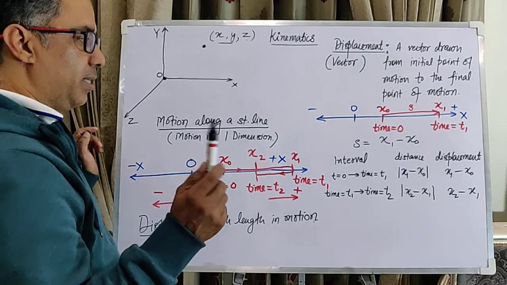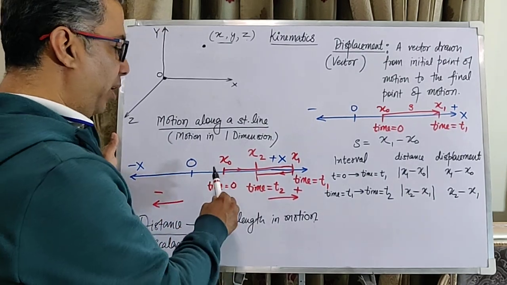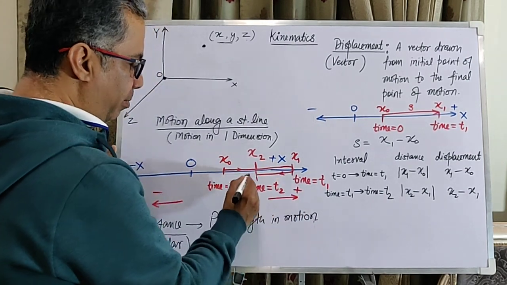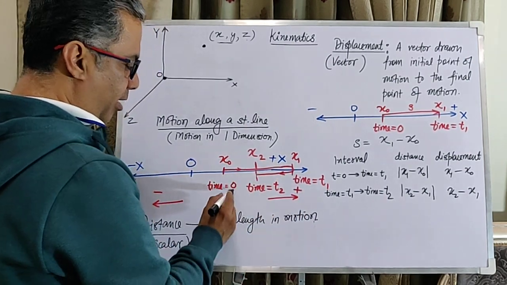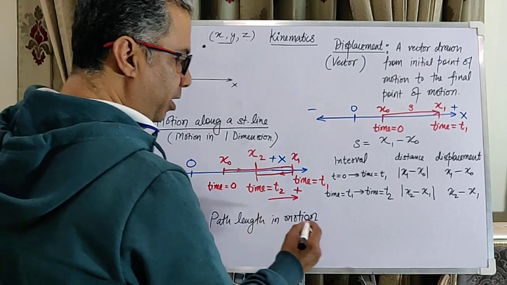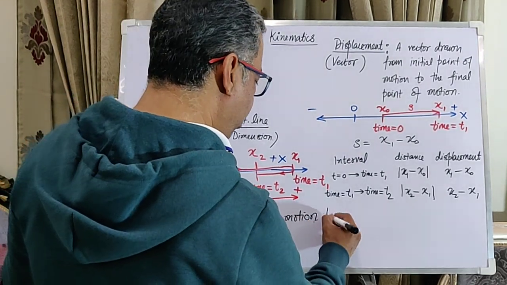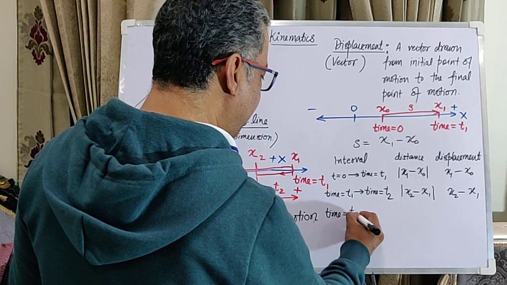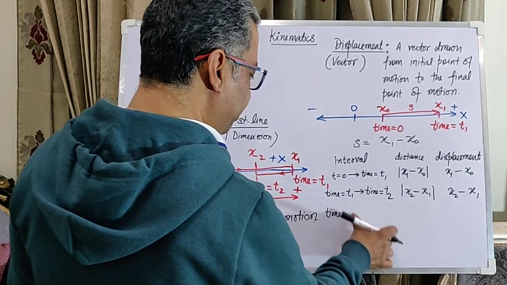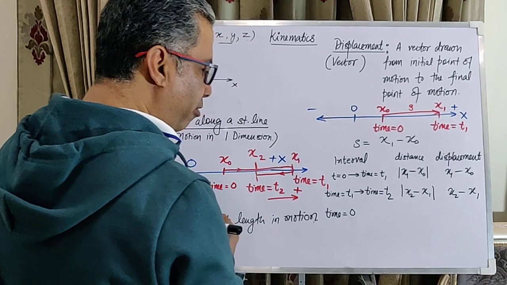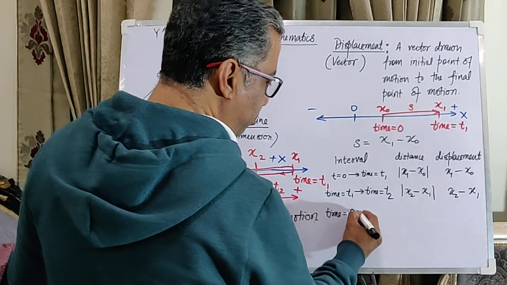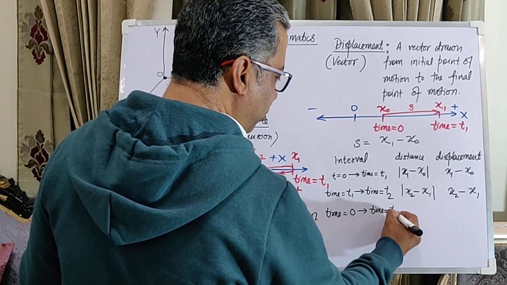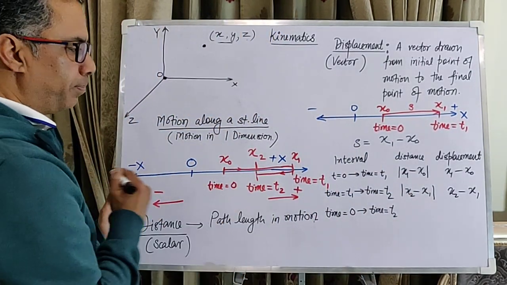But something very interesting happens when we look at the entire motion here. We're looking at the interval from time equal to 0 to time equal to t2, and that's the entire motion.